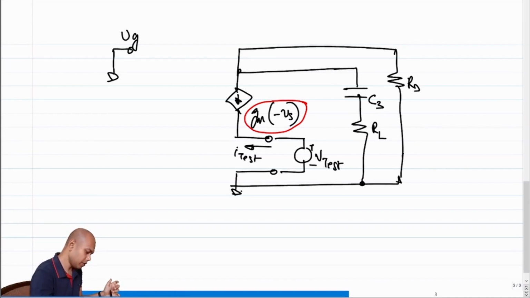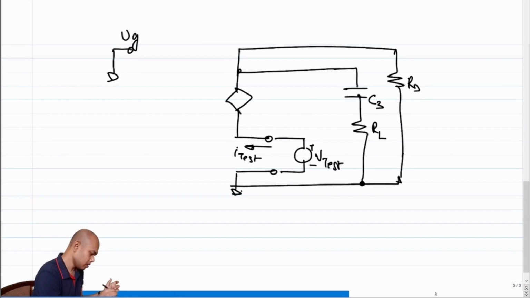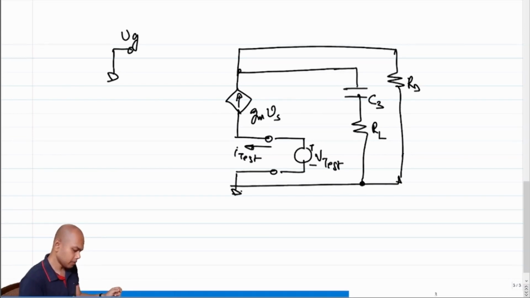So I'll flip the direction of the current source. I make this Gm times Vs. Okay, this is Vs.